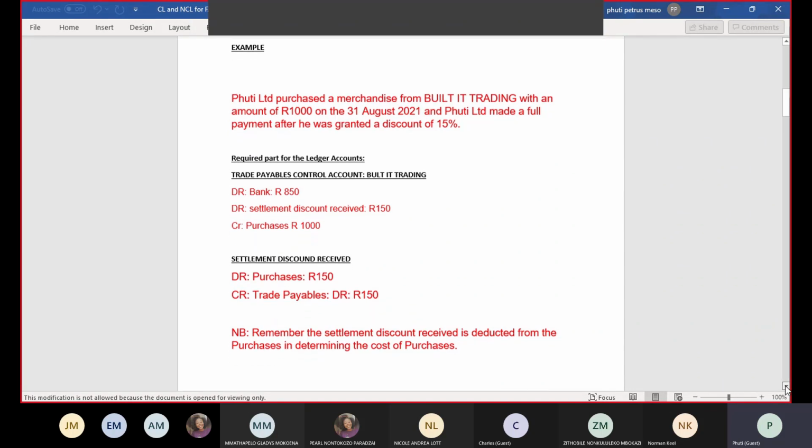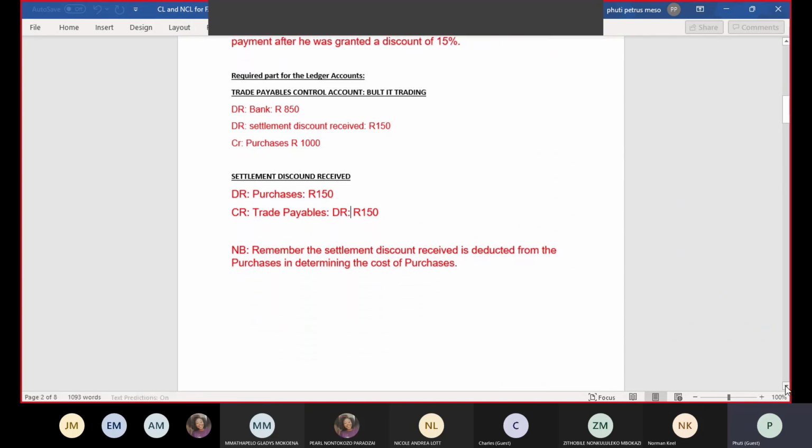Okay, let's unpack the settlement discount received. So we need to remember that it is deducted from the purchases in determining the cost of purchases. Right? So this is what happened. Initially, the transaction will start by making a purchase on credit. And then you agreed with your credit provider to say, I'm going to pay you.